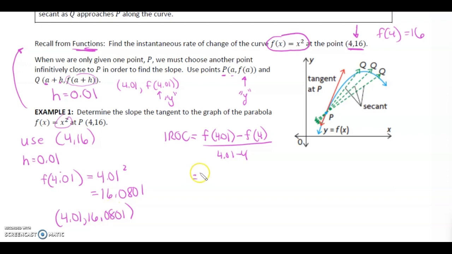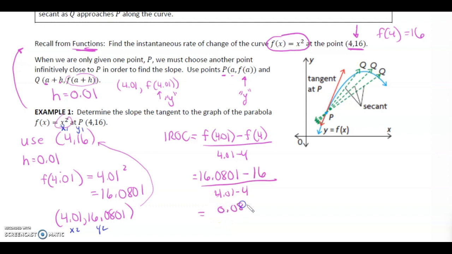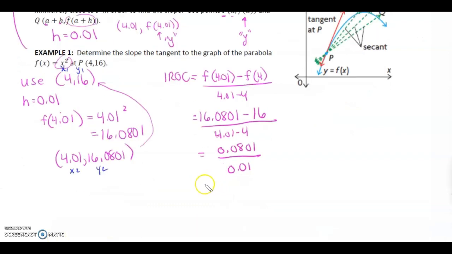So we're going to use 16.0801 minus, so we could technically go x1, y1, and this is x2, y2, if you think about it. So minus 16 over 4.01 minus 4 again. So I get 0.0801 over 0.01. Okay, so when we divide these, we get 8.01.